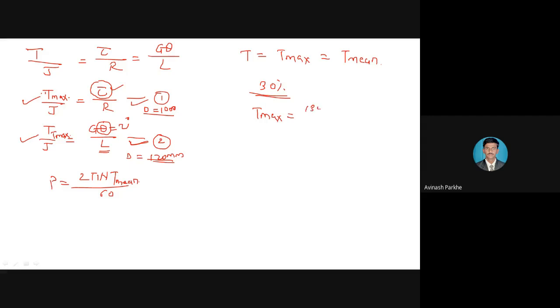Therefore 100 plus 30 means 130 divided by 100 into Tmin, so you get the multiplying factor Tmax is equal to 1.3 into Tmin. This is also one statement which is mentioned in problems. Sometimes in some numericals the statement is given directly: consider Tmax is equal to 1.2 times Tmin.